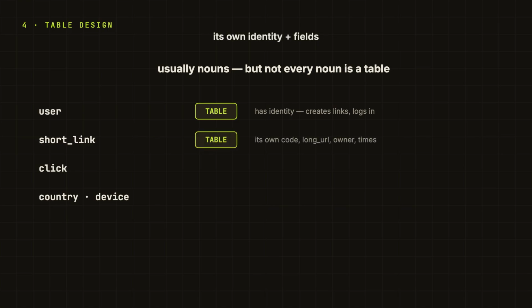Each short link has its own identity, its code, long URL, owner, creation time, expiry time. We have a click. This part is interesting. A click is not just a number, it is an event that happened at a time. For a link, maybe from a country, maybe from a device. So, click should probably be a table as well, which is click events.